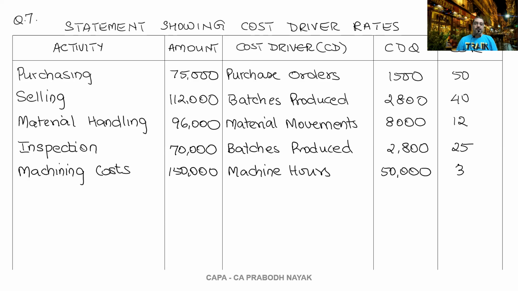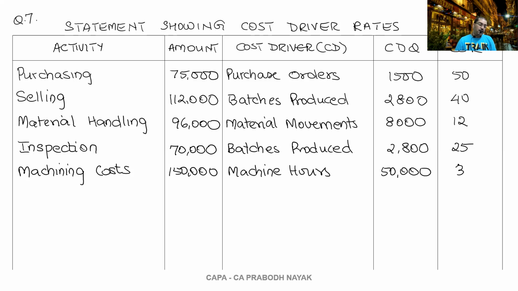So as I explained in the last lecture, whenever we are doing problems on activity-based costing, this should be the first statement where we show the cost driver quantity and the cost driver rates. So then application becomes simpler. Second statement will be, normally this will be followed by the statement of cost on ABC basis.